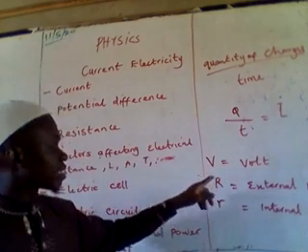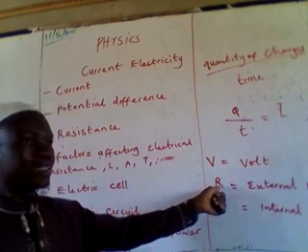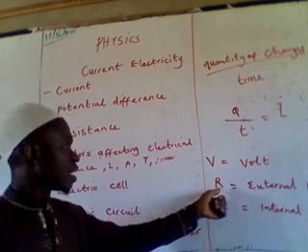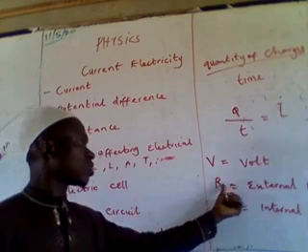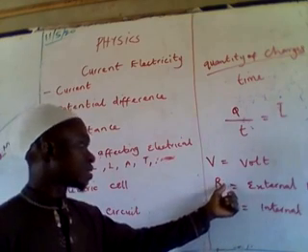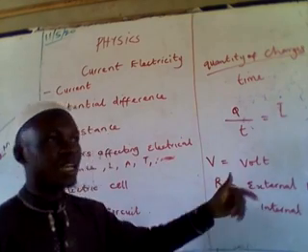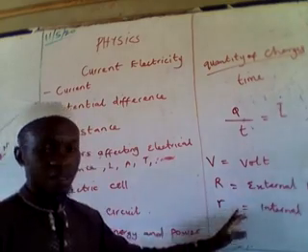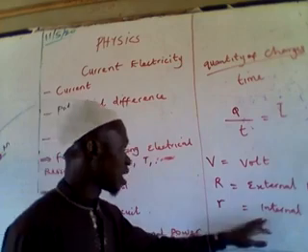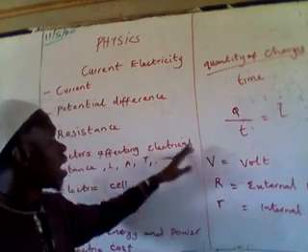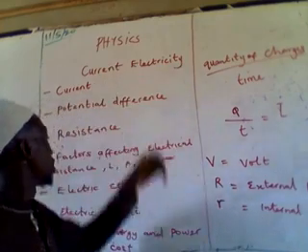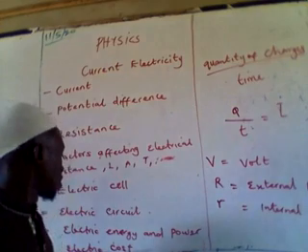External resistance is the resistance in the circuit, while the resistance of the cell you are using is known as the internal resistance. So all these are among the terms we use in current electricity.